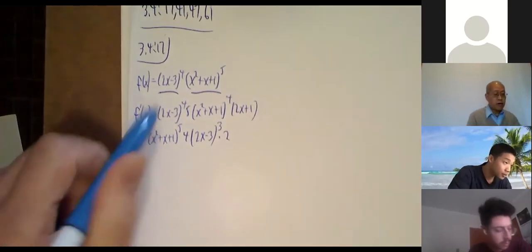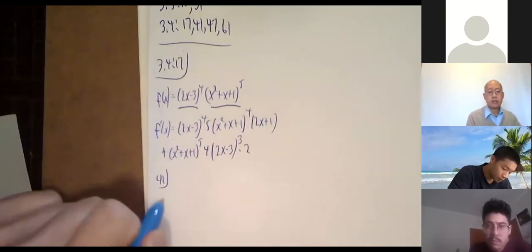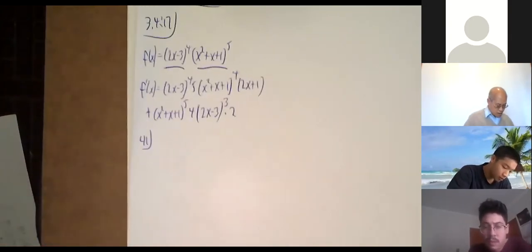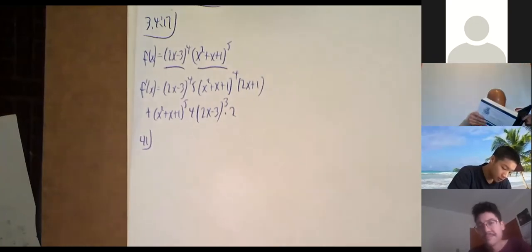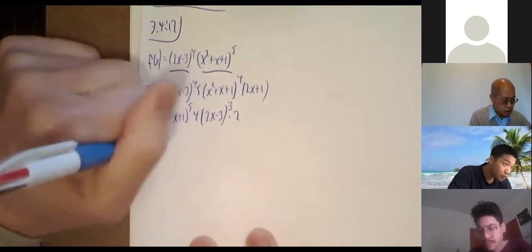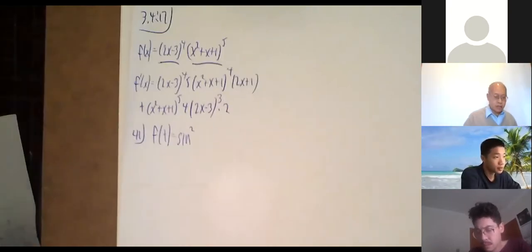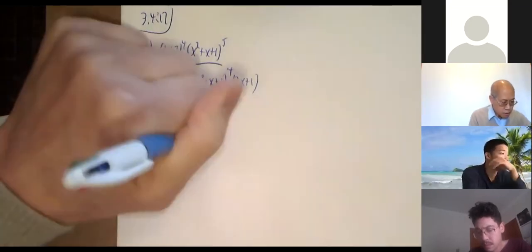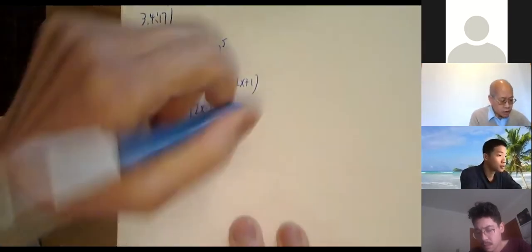41 was asked for, I think. Okay, if I don't put the section number, it's implied that it's the same section. So 41: sine squared of e to the sine squared t. Okay, so f of t is sine squared of e raised to the sine squared of t.